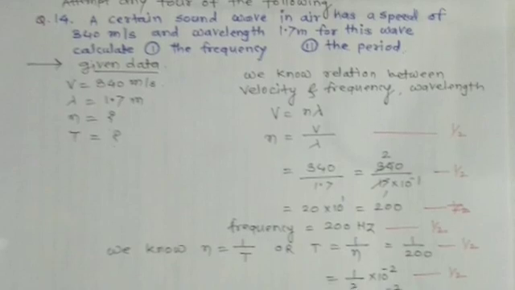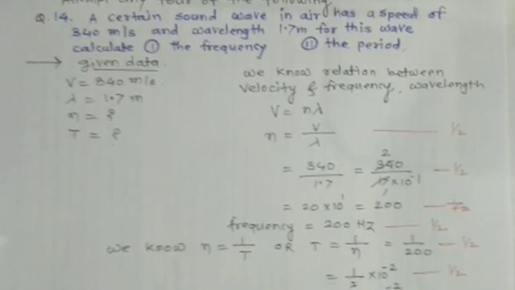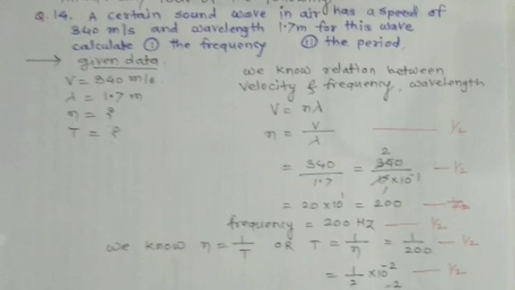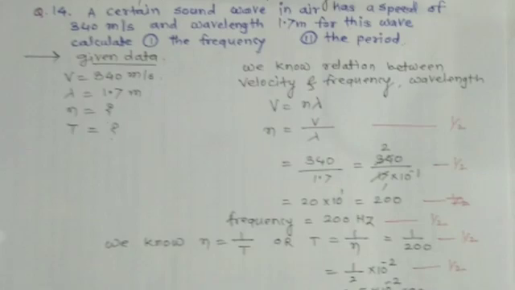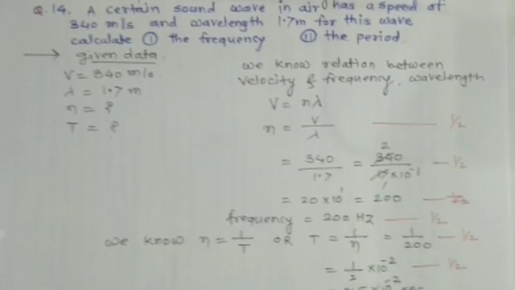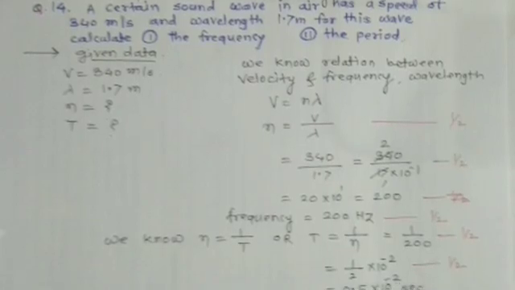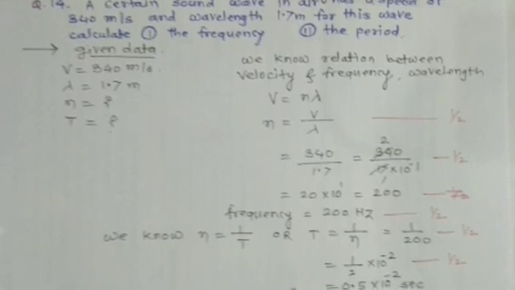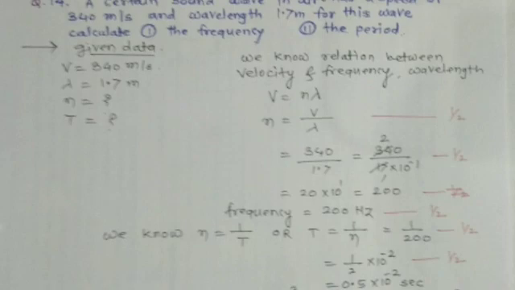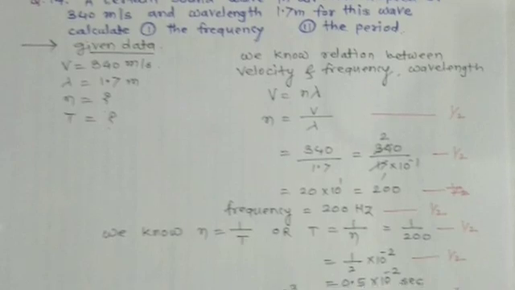For this wave, calculate number 1, the frequency, number 2, the period. Given data, V equal to 340 meter per second, lambda equal to 1.7 meter, frequency n equal to question mark, and time period T equal to question mark.